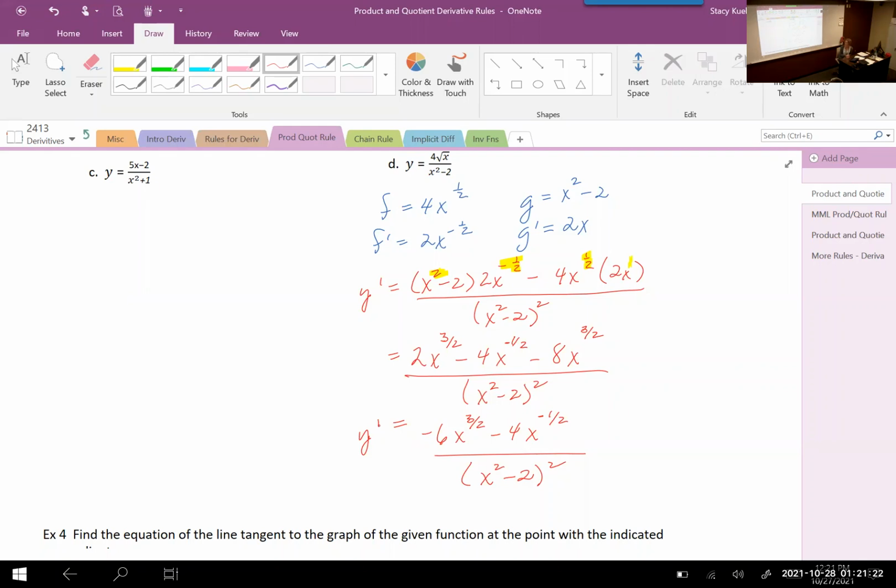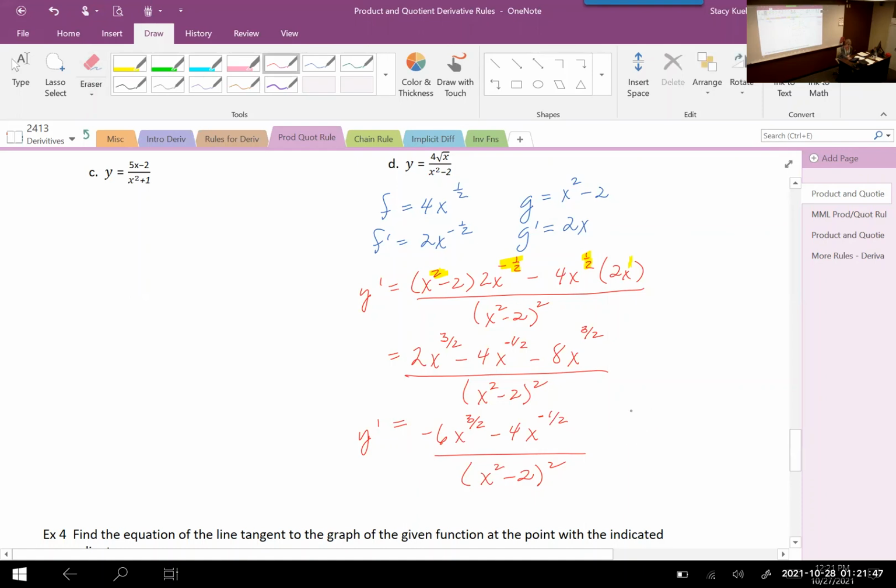So that first term would look like negative 6 times what? The square root of x cubed. Just making sure that we all remember how to change those back and forth.